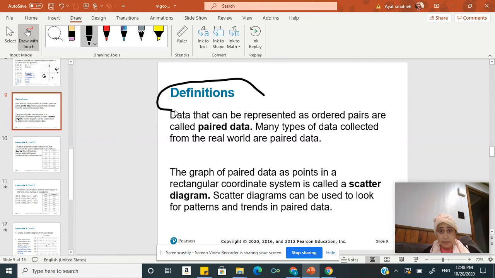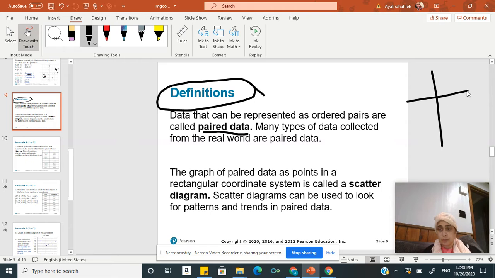Data that can be represented in ordered pairs is called paired data. If I have a relationship between two items, let's say X and Y, that is called a piece of paired data. For example, looking at sales in relation to month, say this is January, this is February, and so on, and I'm recording the sales for each month, there's a relationship between these two things, months and sales.